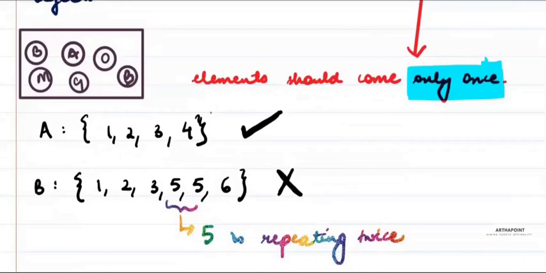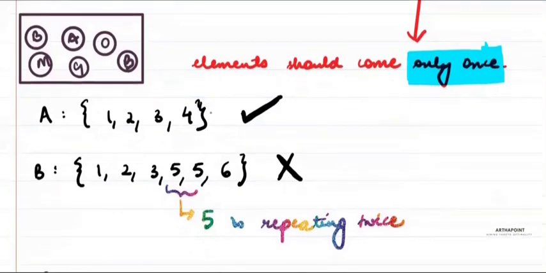In the first set, I see that 1, 2, 3, and 4, all of these elements are coming exactly once. This is a set. Let's look at the second set. I see that 1, 2, 3 are coming once, that is fine. But 5 is coming twice. Because 5 is repeating twice in the set, this is not a set.